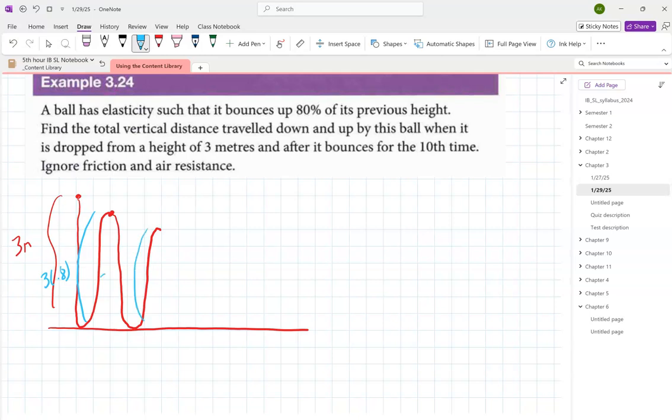And this would be 80% of 80% of 3 meters. And we just go on like this, right? So this is 1 bounce, 2 bounce, 3 bounce.